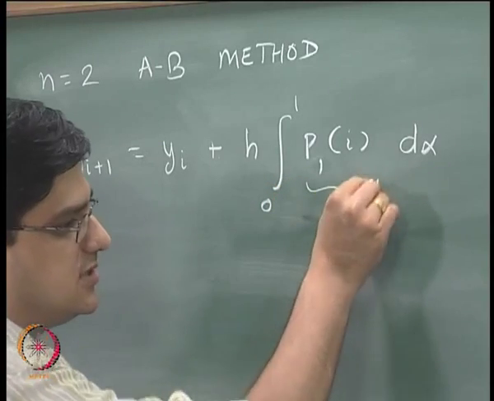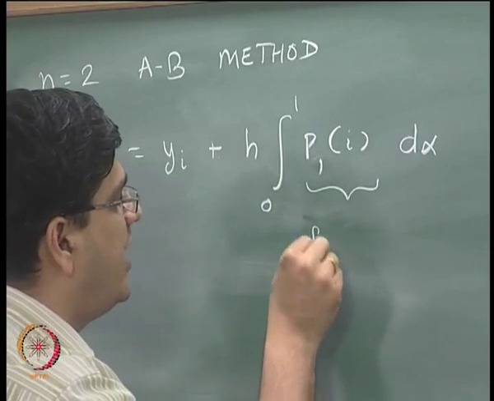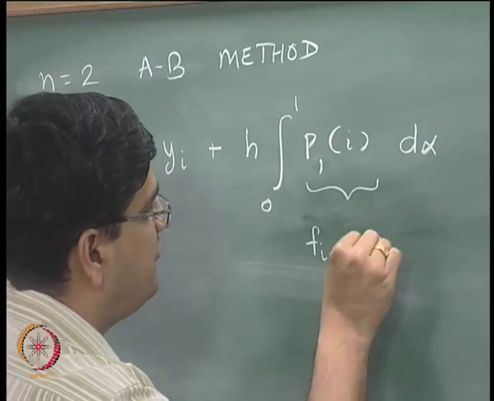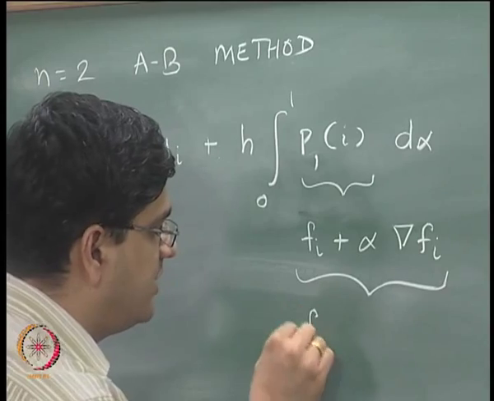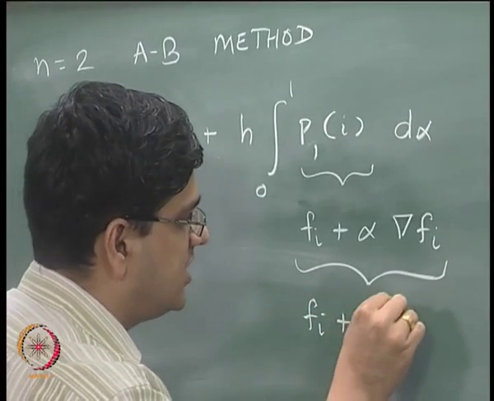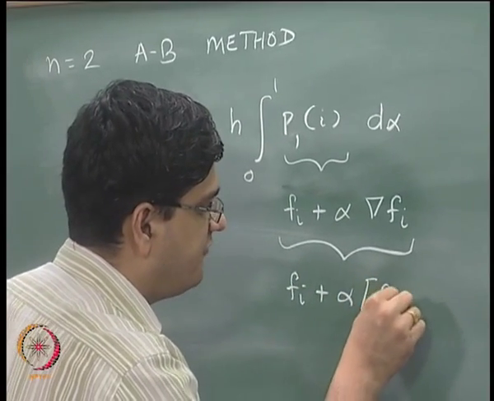P1I is nothing but Fi plus alpha times delta Fi, which is nothing but Fi plus alpha times Fi minus 1.